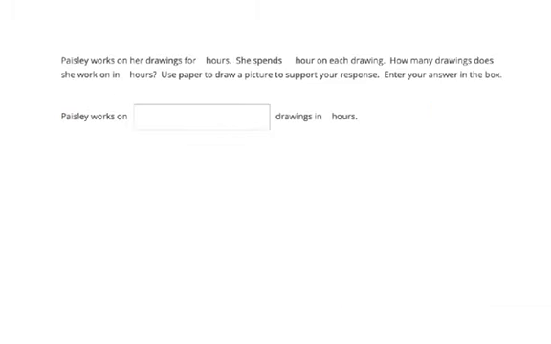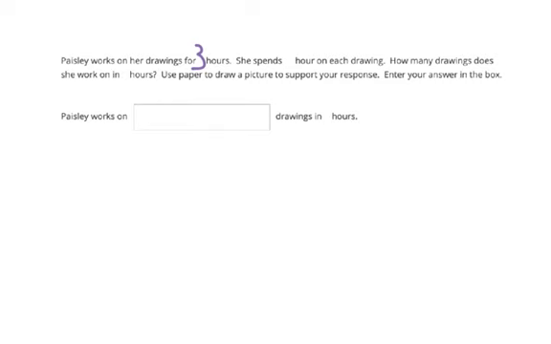Paisley works on her drawings for blank hours. She spends blank hour on each drawing. How many drawings does she work on in blank hours? Okay, let's see. I'm going to keep with 3.